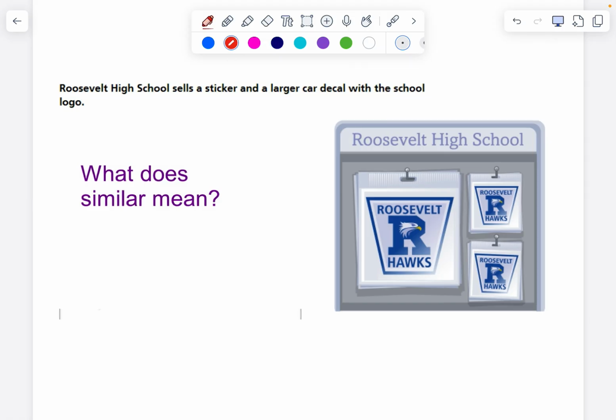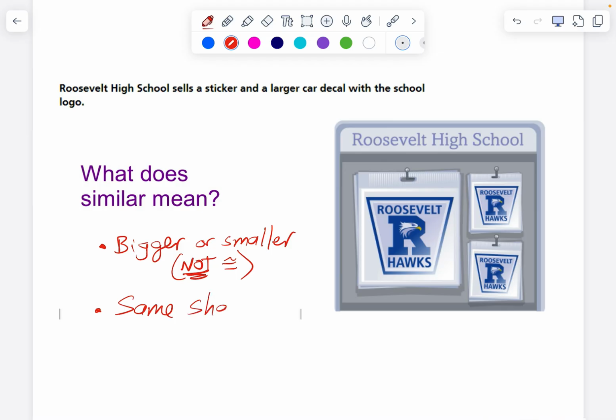Tobin, what'd you say? Okay. So definitely they can't be the same size. That's actually very important. It's like the same shape, but maybe not the same size. It's the same shape. Okay. Same angle.